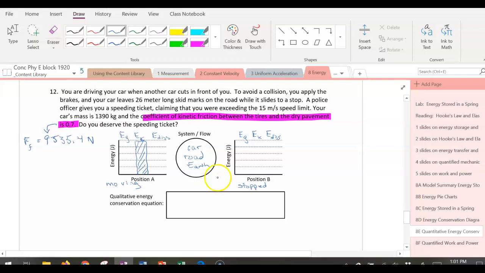It's still at the same height, but that energy has gone into friction, or to overcoming friction, and so we have dissipated energy. So our conservation equation is that the change in the kinetic energy equals the change in the dissipated energy.